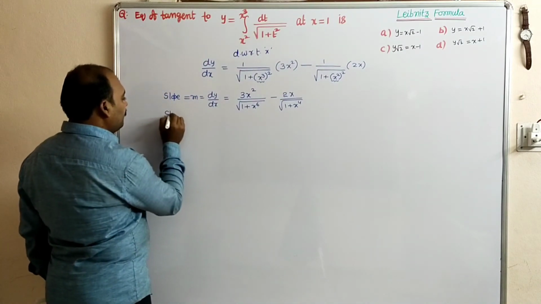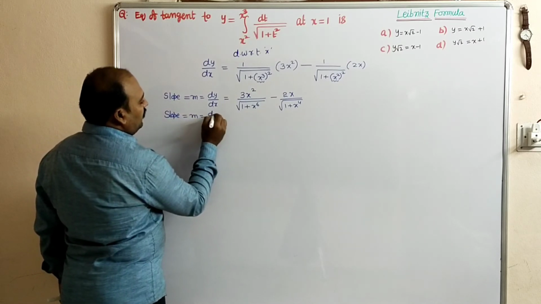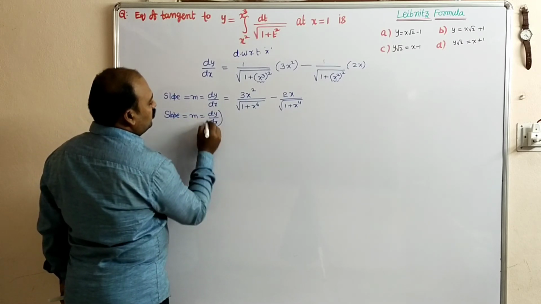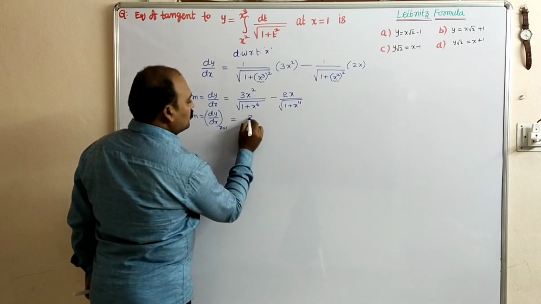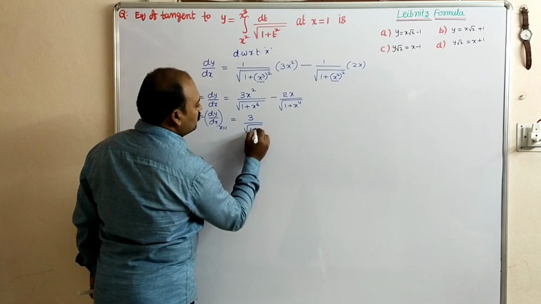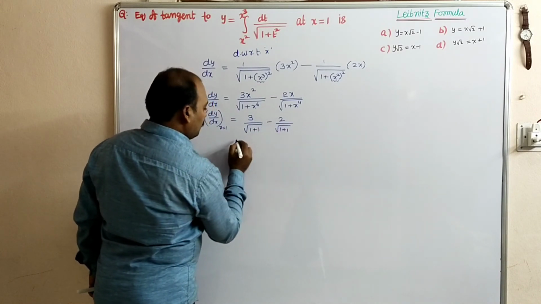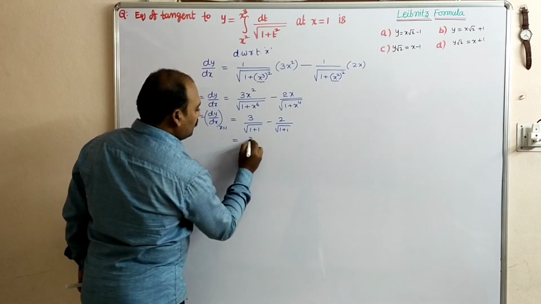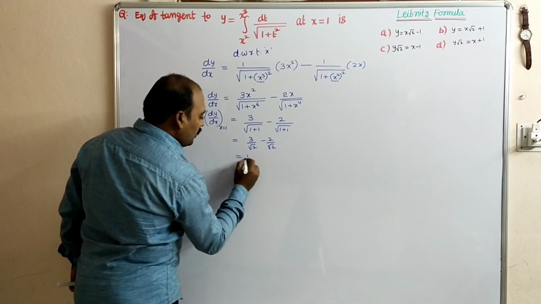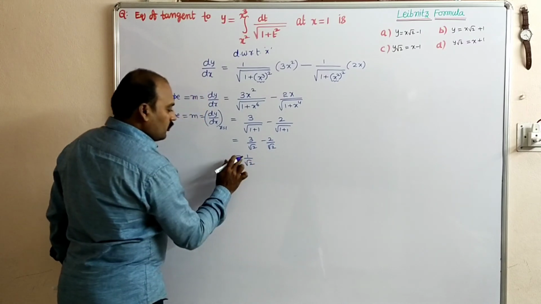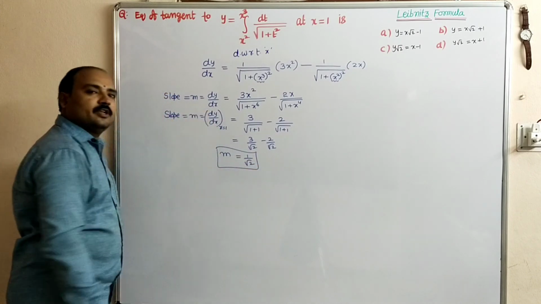So slope dy by dx at x is equal to 1: wherever x is there, we have to replace it with 1. So 3 by root of 1 plus 1, minus 2 by root of 1 plus 1. That means 3 by root 2 minus 2 by root 2, which is equal to 1 by root 2. Therefore, the slope of the curve or slope of the tangent is equal to 1 by root 2.